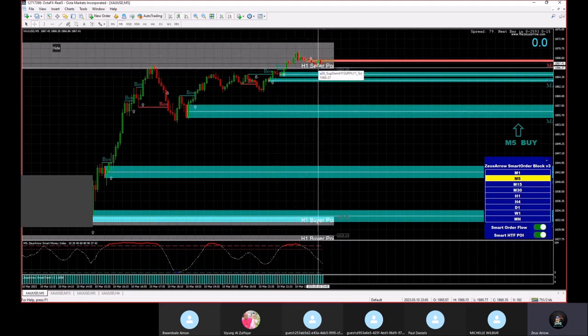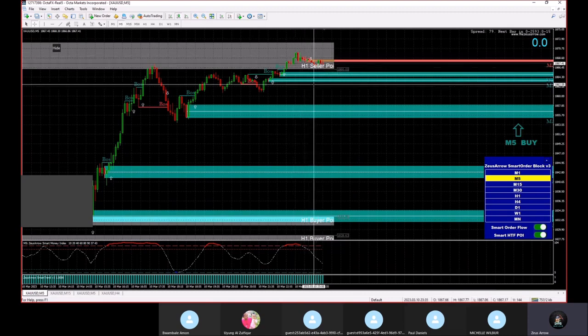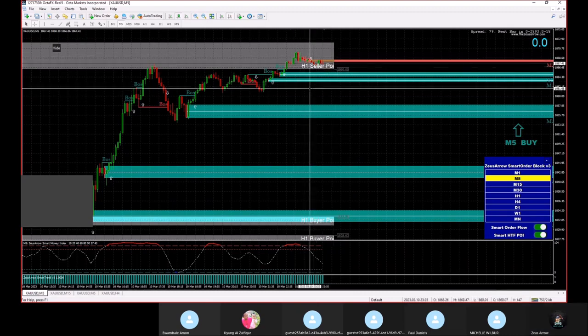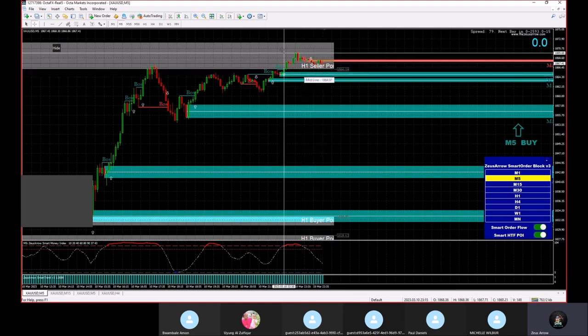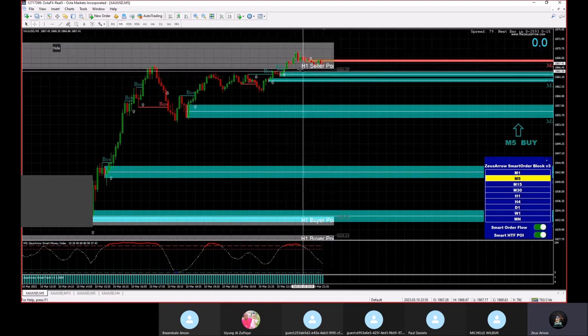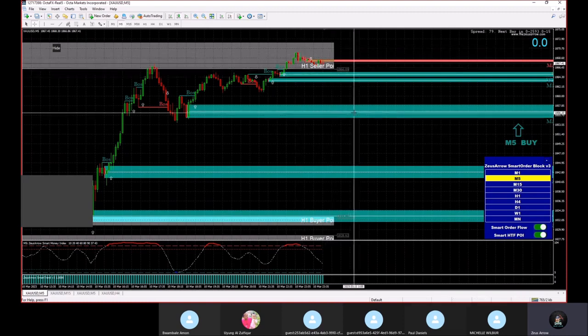So that can be used as your target. But once you are close to or inside the higher time frame POI, forget about taking an opposite direction trade. Look for the trade with the confirmation. Look for the trade that is favored by the seller POI. But we need a confirmation.